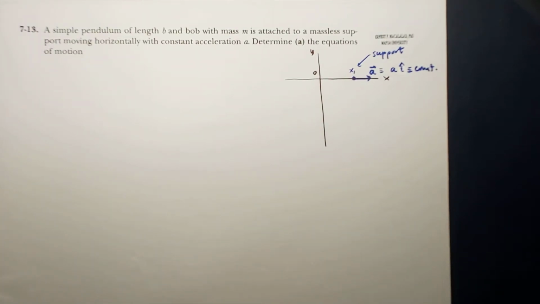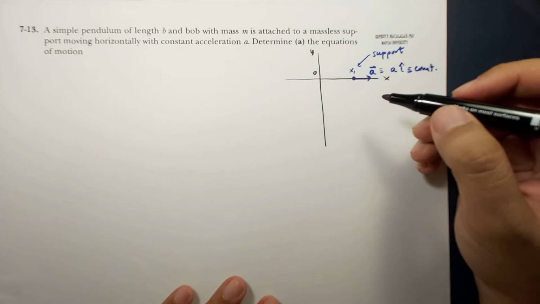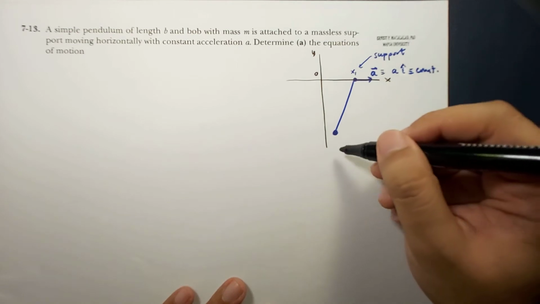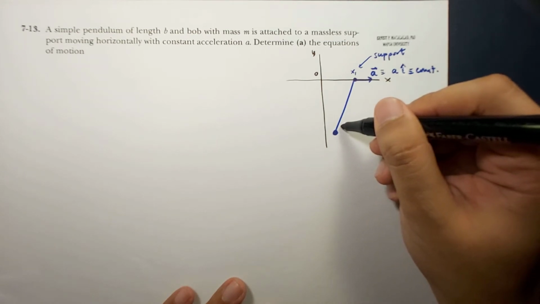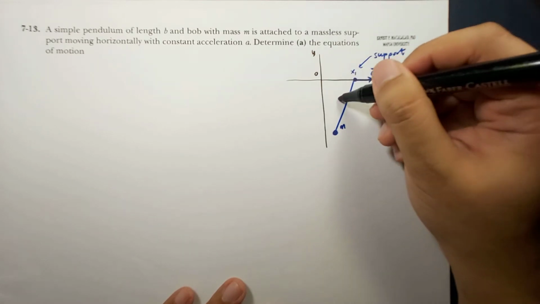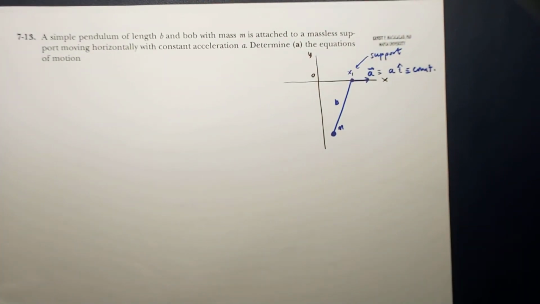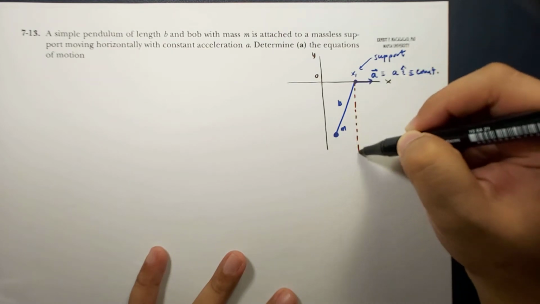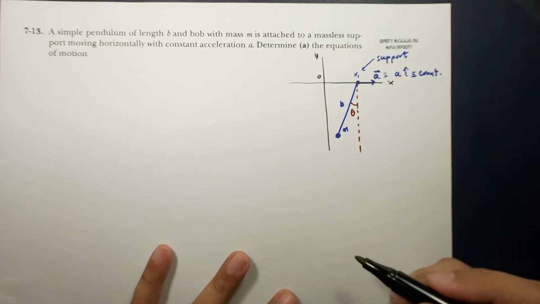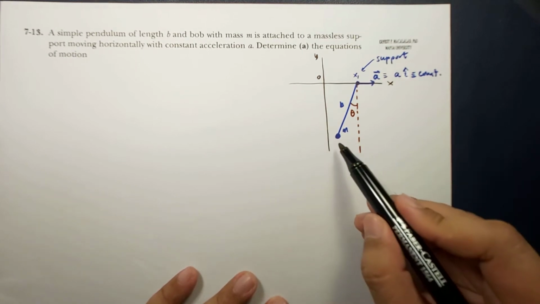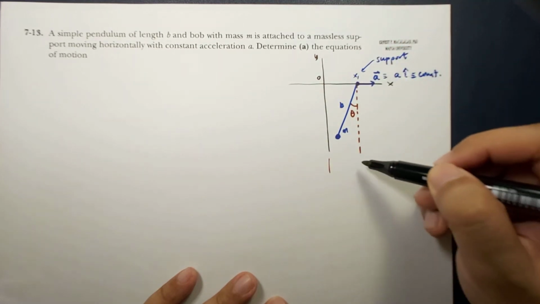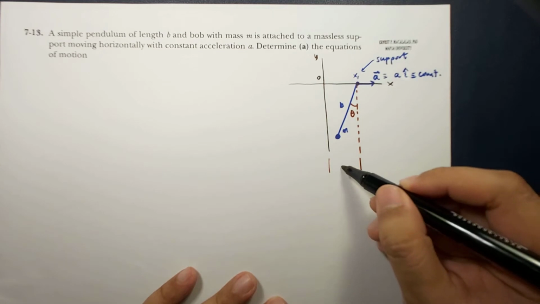Now from this support we draw our pendulum. This is our pendulum bob with mass m and length b. We can define the following. First, this angular position, theta. Then, from the y-axis we define x1.